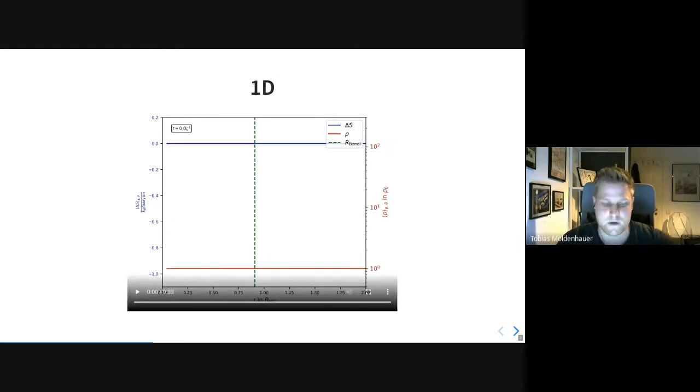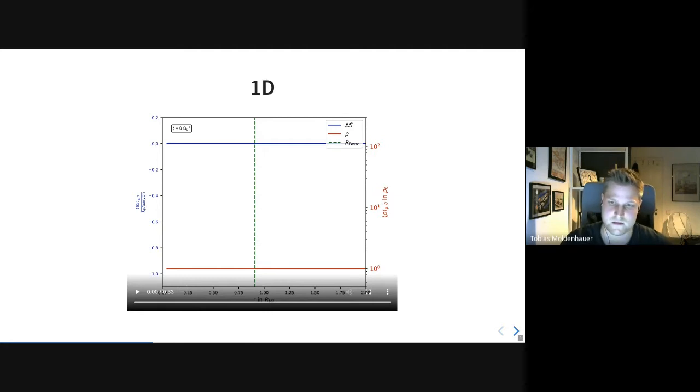Now I've prepared a video that shows what happens in a one-dimensional setup. So the blue line here is the entropy of the atmosphere, and the red line is the density of the atmosphere, and always compared to the initial state. So that's why the blue line starts at 0. So there has been no cooling in the beginning, of course, and the density starts at 1.